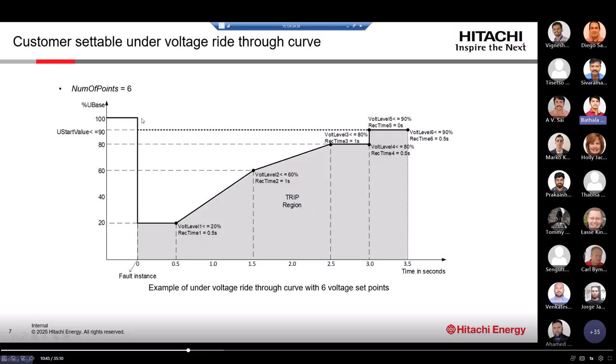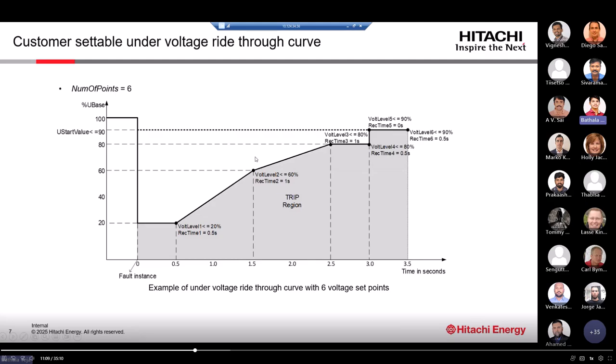Those functions will be blocked when the under voltage condition happens, and if the voltage recovers within this region, they will be blocked up to this duration, however much the curve is set. Only for that duration will these protection functions be blocked.